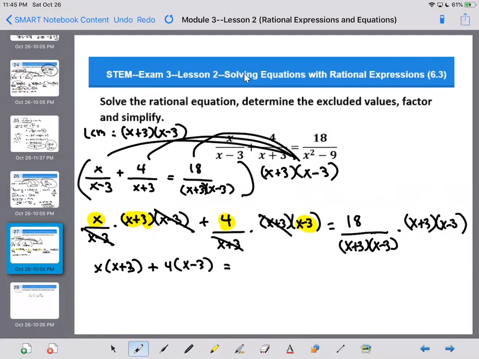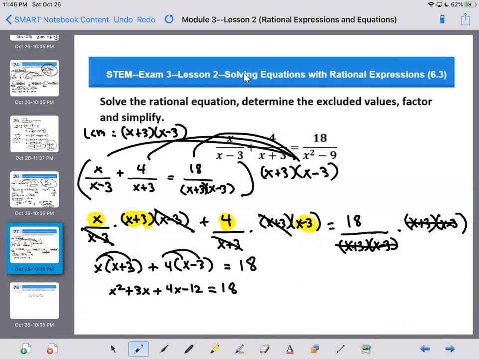And then this denominator will divide out, and you're left with 18. So we're going to have x times x and x plus 3. So x squared plus 3x plus 4x minus 12 is equal to 18.